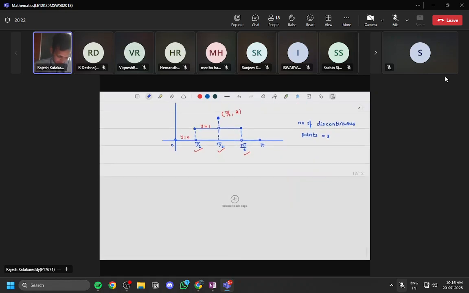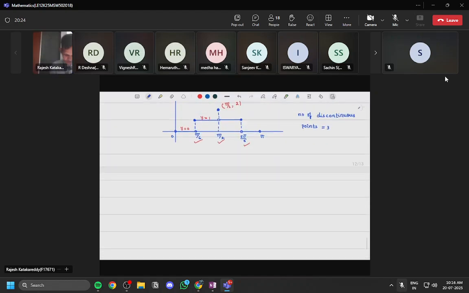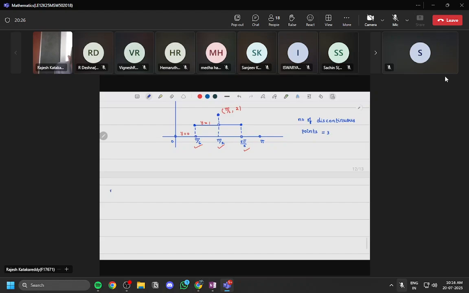So let us write that one. f of x equals greatest integer of n sin x, x belongs to 0 to pi. So number of discontinuous points.